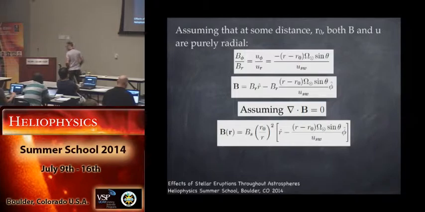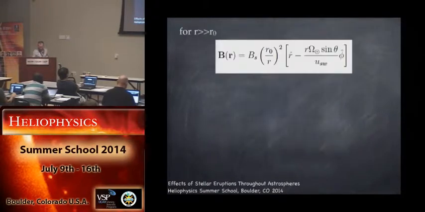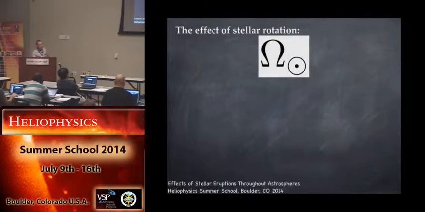So let's discuss how the different parameters may affect the astrosphere. Now I switch to astrosphere, which is like the heliosphere, but for other stars, and see how these parameters change with time. And for larger distances, I eliminated this R minus R_0 here and left only R, because R is much greater than R_0. So how does the stellar rotation affect this structure?